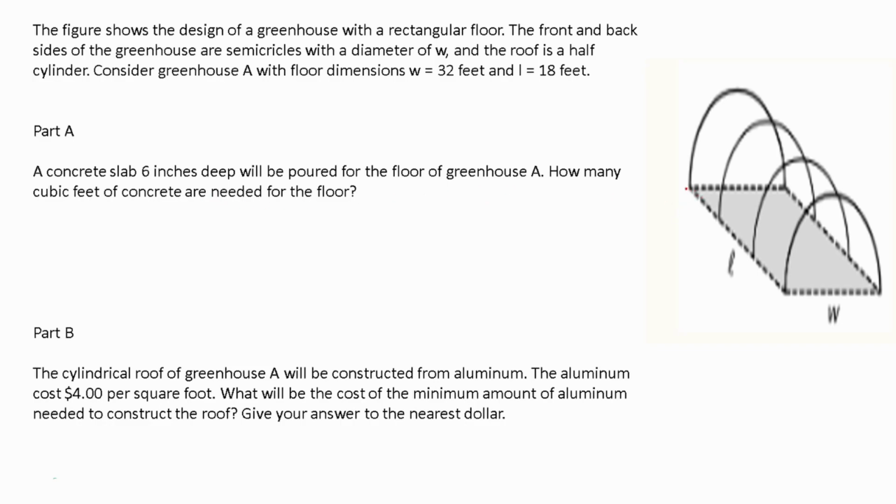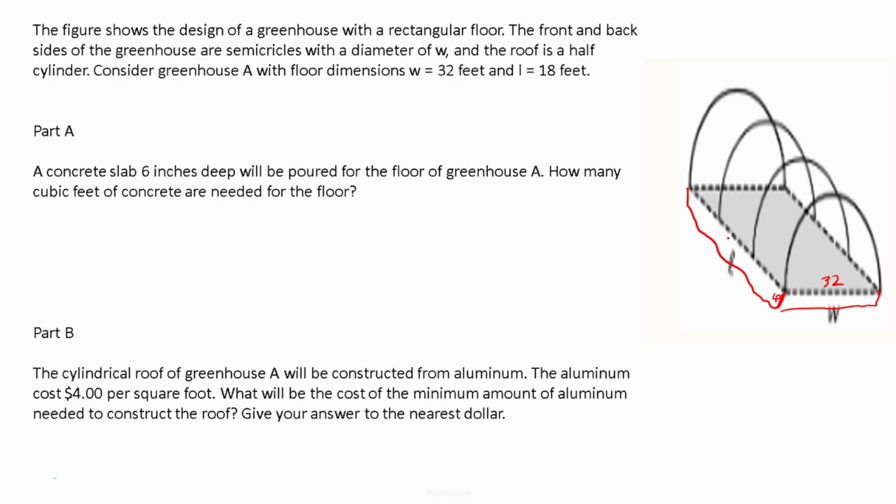So if we create a slab here, see this red piece is my slab. It looks like this, right? We now have a new dimension, which is this line here, which is going to be 6. My W is 32, and my L is 18.